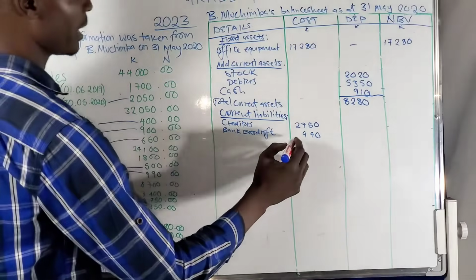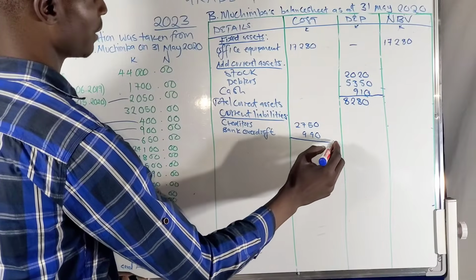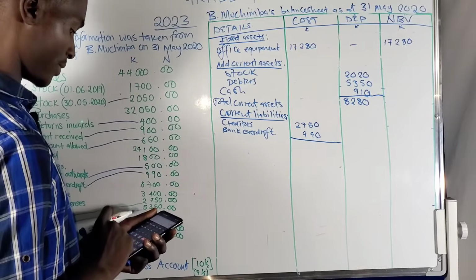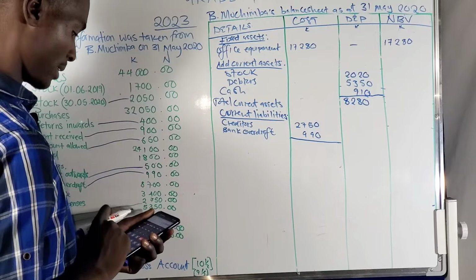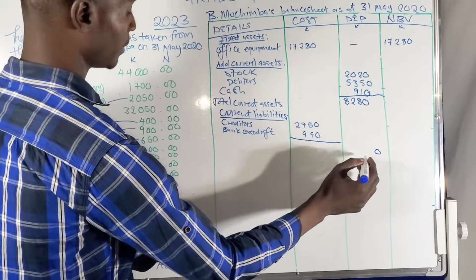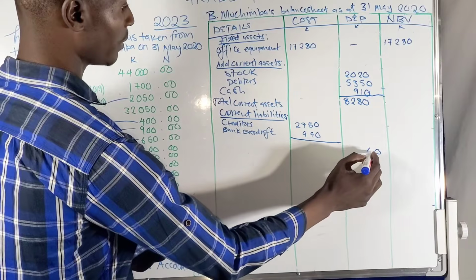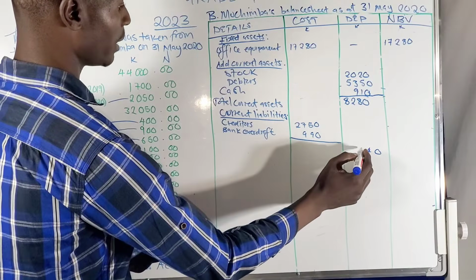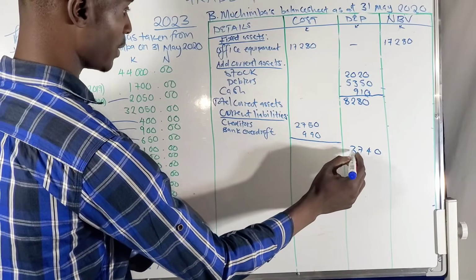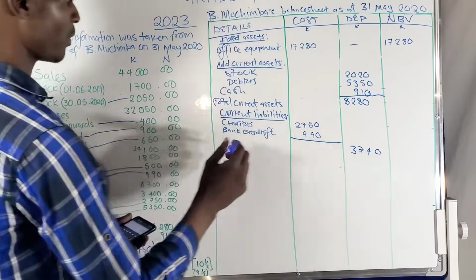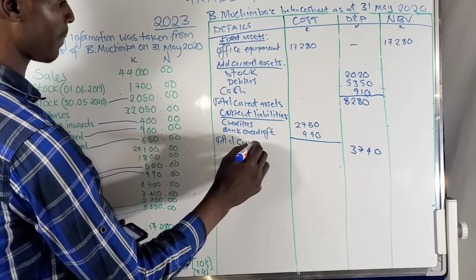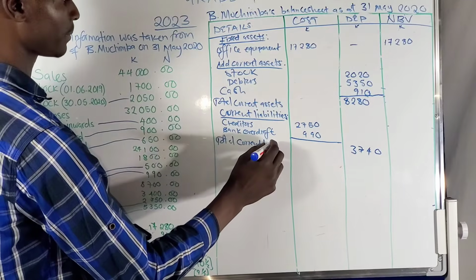So when we add these, 2750 plus 990, we're going to have 3,740. That one will be called total current liabilities.